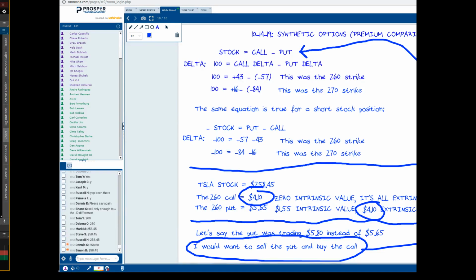If I sold it up at 260. So 258.45 would be my area that I would be able to make that 15 cents.